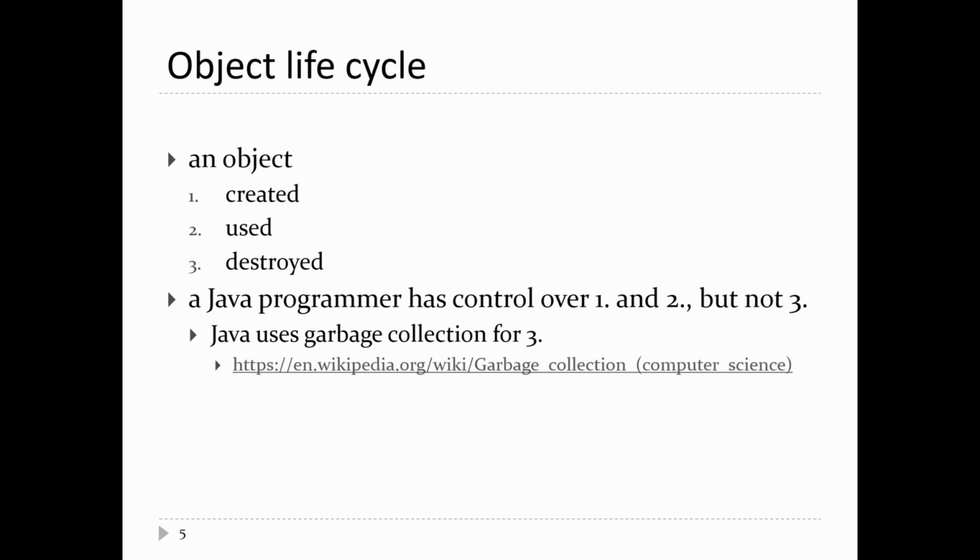Okay, so the object lifecycle is as follows. If you want to use an object in your program, you have to create the object first. We say that an object is born. Once the object is born, you can then use it to perform some sort of task or tasks. And then eventually, it's probably the case that you no longer need this object anymore, and so you want to destroy the object.